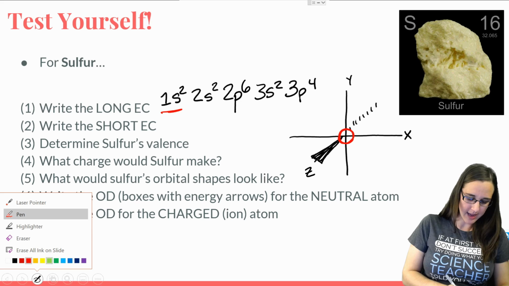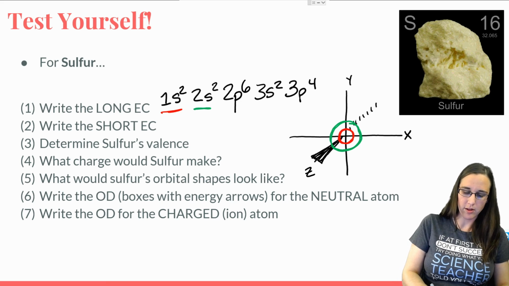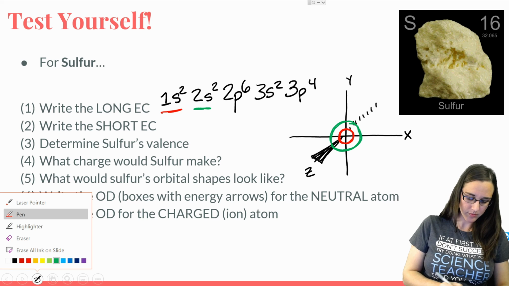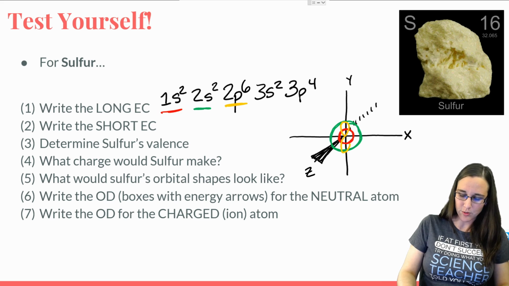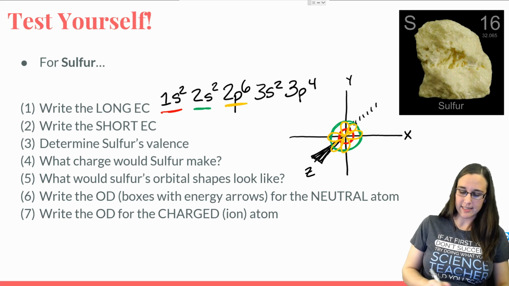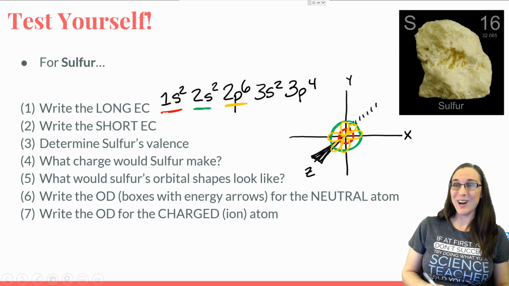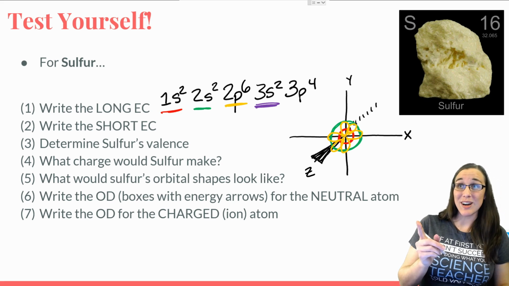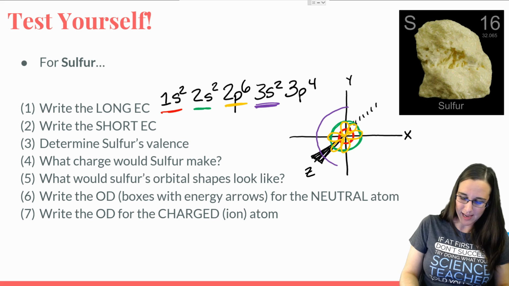We have 2s, which is a slightly larger sphere that encompasses the smaller 1s sphere. We also have 2p. 2p is shaped like a peanut, and it's going to be the same size as the green sphere on the x, y, and z axes. So it already looks pretty nasty at this point. It's going to get better. That was sarcasm, by the way. We have 3s, a slightly larger sphere that encompasses everything now.